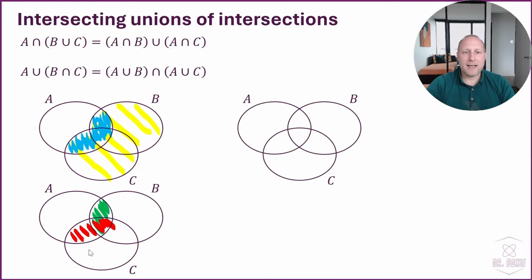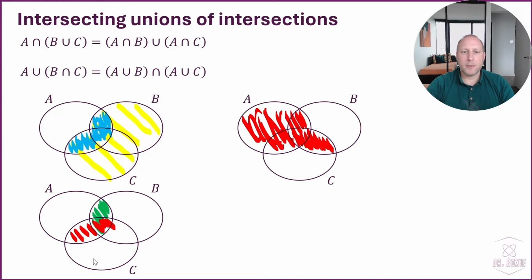For the left-hand side, we want A union B intersected with C. So B intersected with C is this part here. And the union of A with that is everything that I colored in red now, plus anything that is in A. So it's all of this. So this is the left-hand side of the second equality.